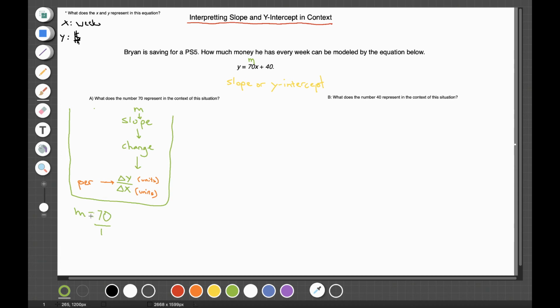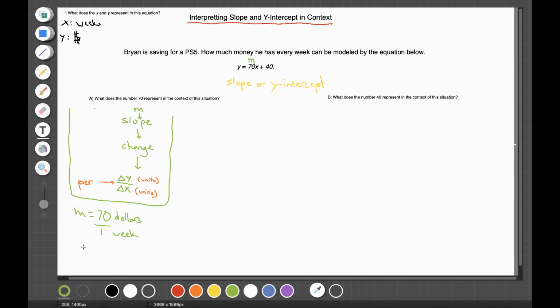Well, that's the same thing. This is our change in y over change in x. Well, change in y what? Well, the y is our dollars, so $70. Over, or per, we could think $70 per one what? Well, what's our x unit? Week, per 1 week. So let's go ahead and take this and let's write it as a completed sentence.